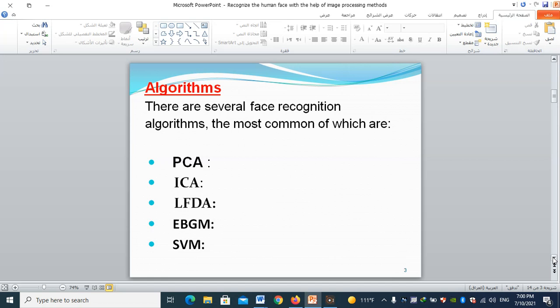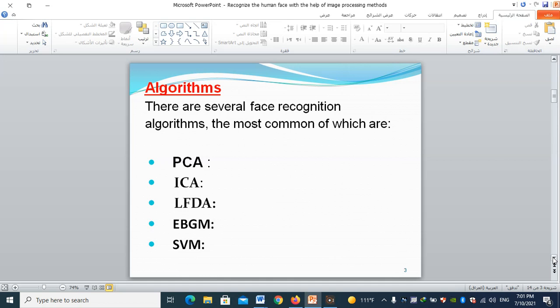EBGM, Elastic Bunch Graph Matching, is an algorithm in computer vision for recognizing objects or object classes in an image based on graph representations extracted from other images. It has been prominently used in face recognition and analysis, but also for other object classes.